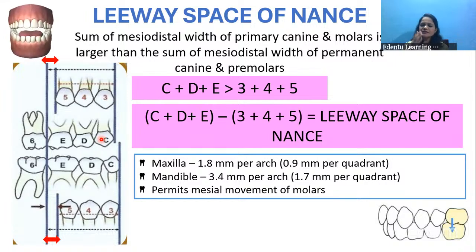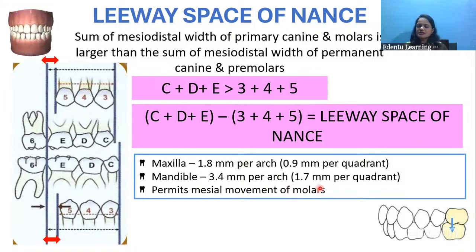Okay, usually in the maxilla you can see around 1.8 millimeter of this leeway space. So on one side alone, you can see around 0.9 mm. Okay, in the mandible, the space is a little bit more. Usually you can see 3.54 millimeter per arch, and on one side itself, you can see 1.7 millimeter of leeway space of Nance.